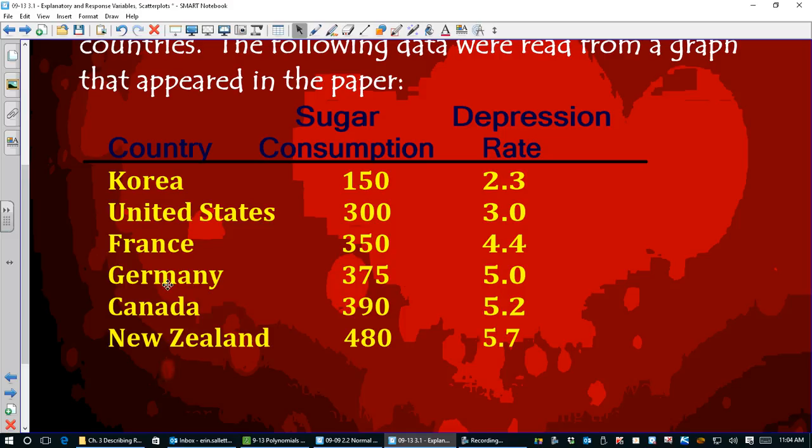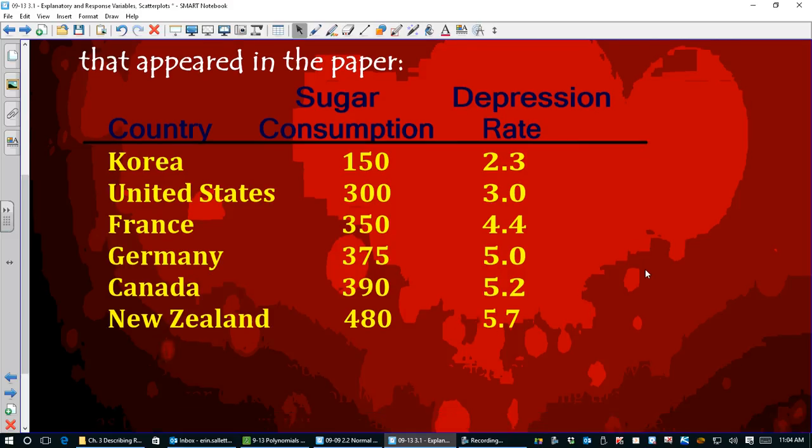So I see that they have their 6 countries. This is the average sugar consumption. Again, this was in calories per person per day of sugar. And then this was the depression rate. And you can see as the rate of sugar consumption goes up, so does the depression rate. And I'm going to show you how to make a scatter plot with this, both by hand and in your calculator in class tomorrow.